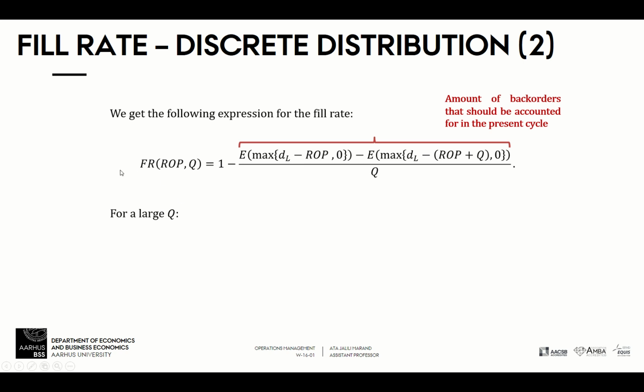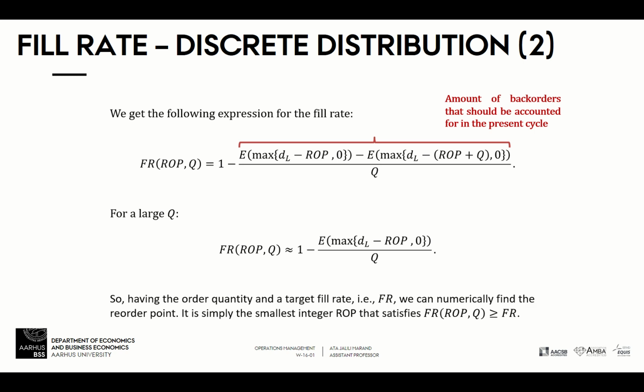So the fill rate as a function of ROP and Q can be approximated by this formula: 1 minus the expected number of back orders in an inventory cycle divided by Q, which is the expected demand during an inventory cycle.